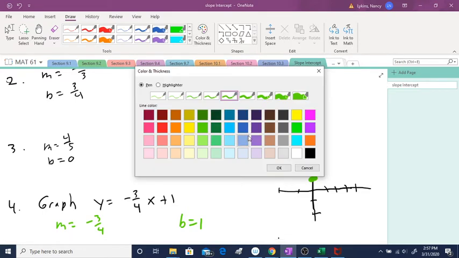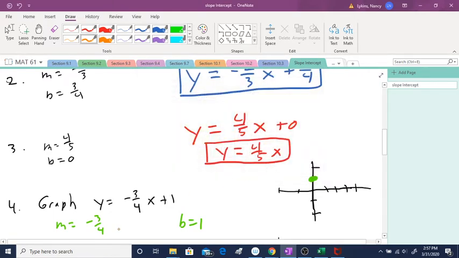Now, what this negative 3/4 tells me is I need to think about rise over run. And I misspelled rise, because that's dealing with the y-axis. So I'm running along the x-axis and I'm rising or I'm falling, depending on the negative sign, on the y-axis. So this means I'm going to go over 4 from my 1, 2, 3, 4.